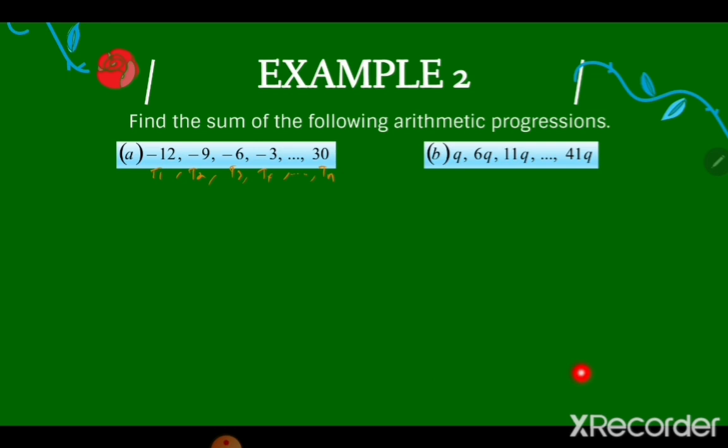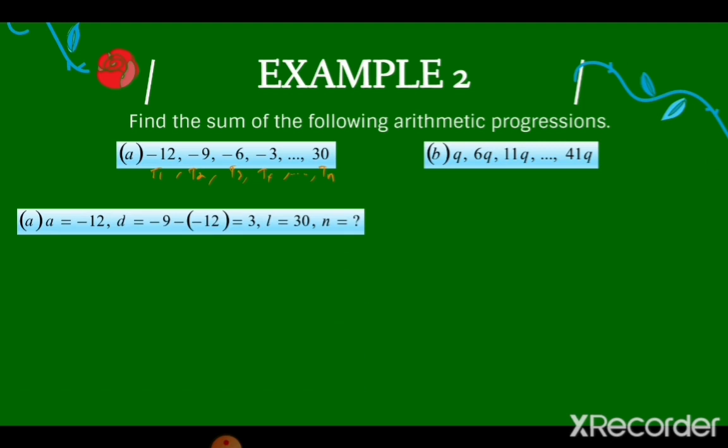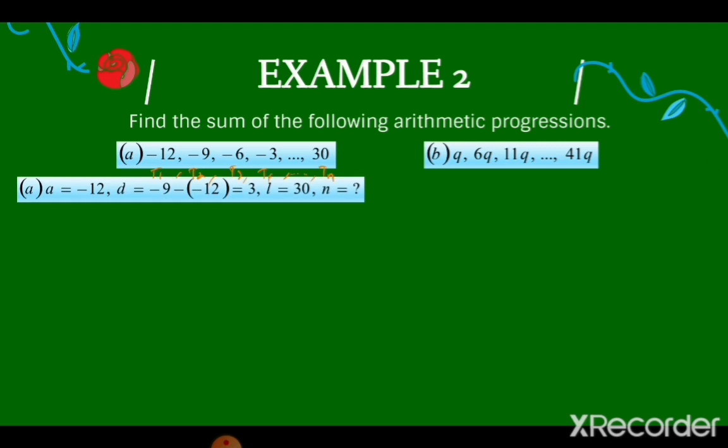Since we are talking about the sum of the progression, from the question we know that a is negative 12, d is 3, and our last term is 30. So what is n?